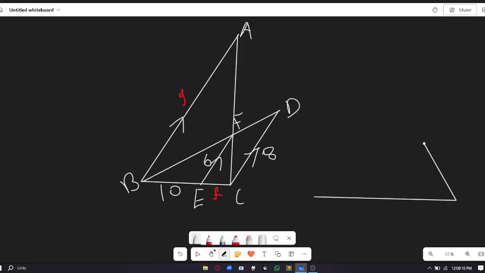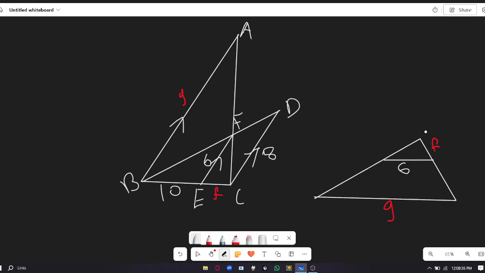This, that, like this. This is our G line. This line. Fine, that's our G, right? And line parallel. And that is 6. This is F defined.